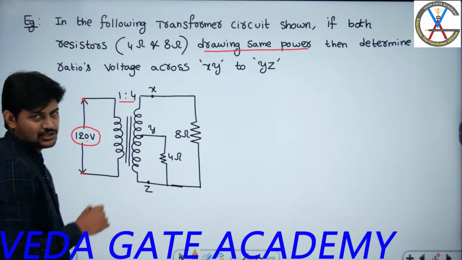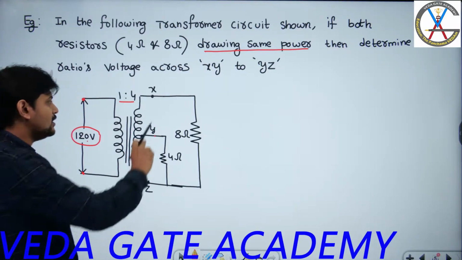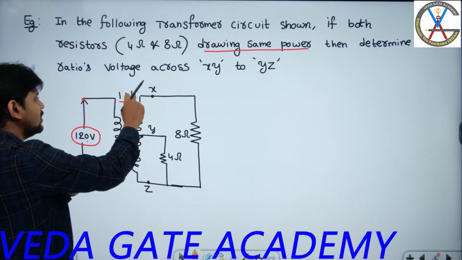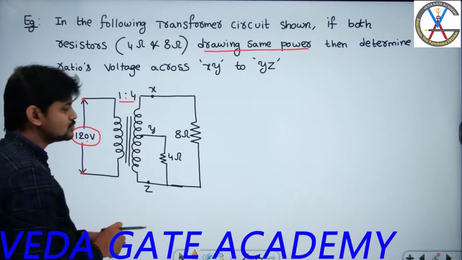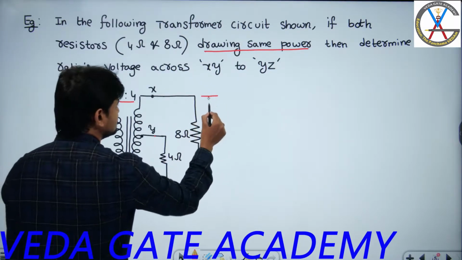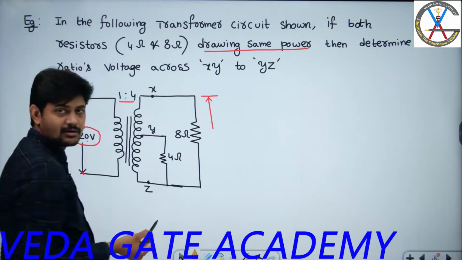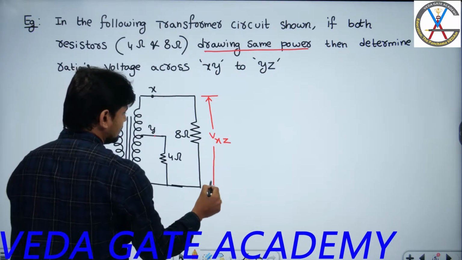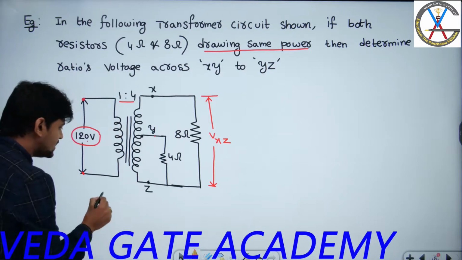And we know the turns ratio concept, right? So the induced voltage in the secondary winding divided by the primary induced voltage is equal to N2 by N1. So I can say this is my induced voltage. Am I correct or not? So that means the voltage across XZ. How to get the voltage across XZ?